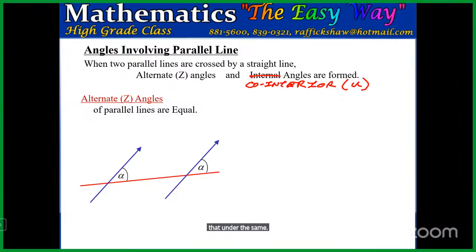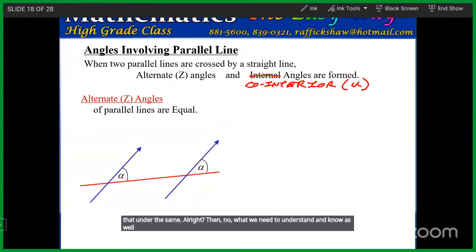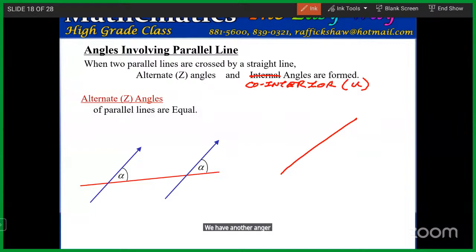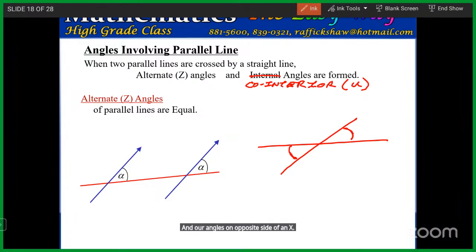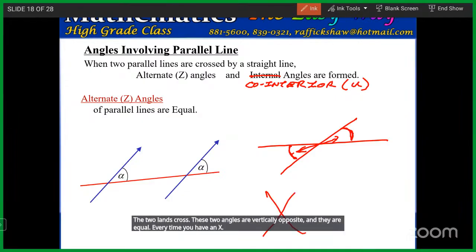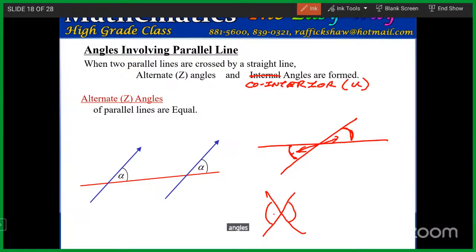All right. Then what we need to understand and know as well is that we have another angle property that we should know, a property of trigonometry too. Angles on the opposite side of an X, where two lines cross, these two angles are vertically opposite and they are equal. Every time you have an X, angles on the opposite side of the X are equal. They are called vertically opposite angles.